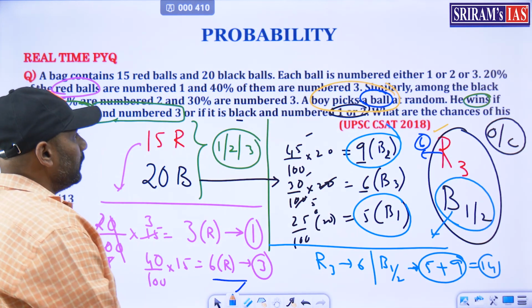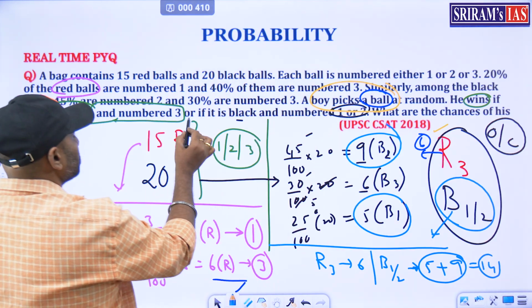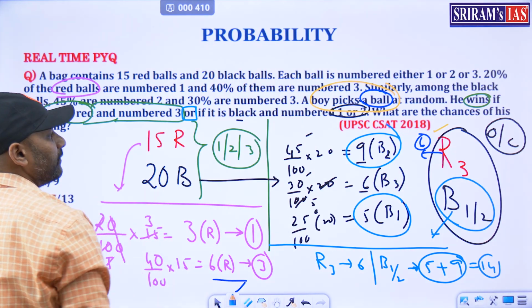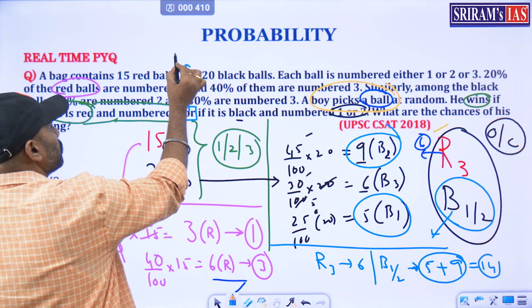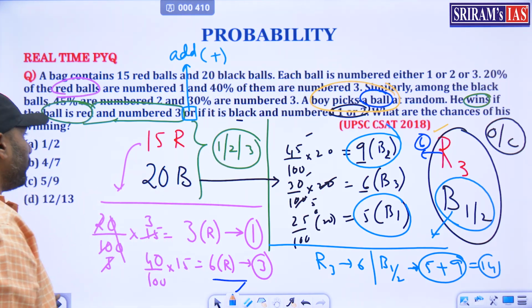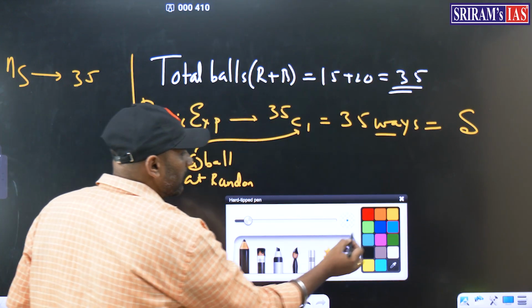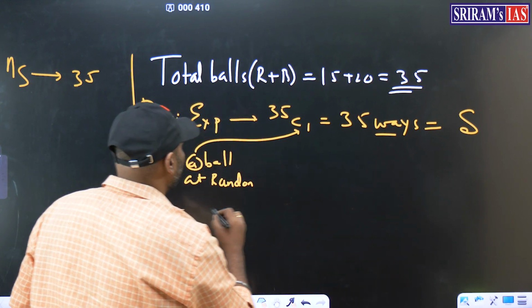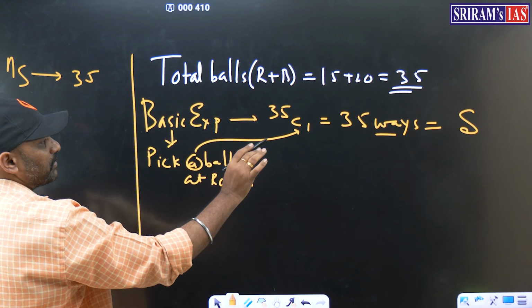Now here, if you observe, what are the chances? Here, OR is given. Whenever OR is given, what are we supposed to do? Add, which is plus. So what do we do finally? What are the want outcomes? Basic experiment, sample set 35.